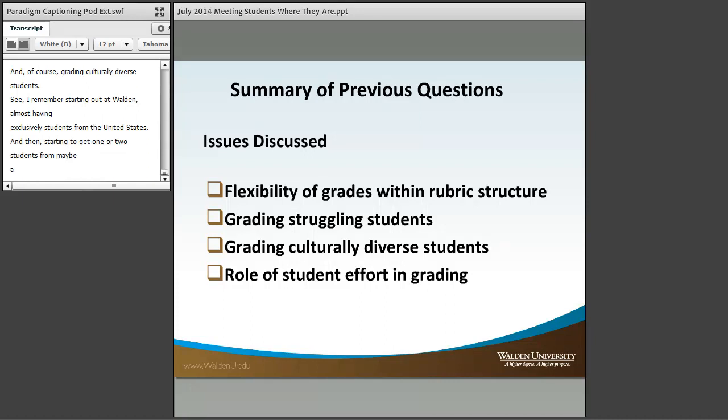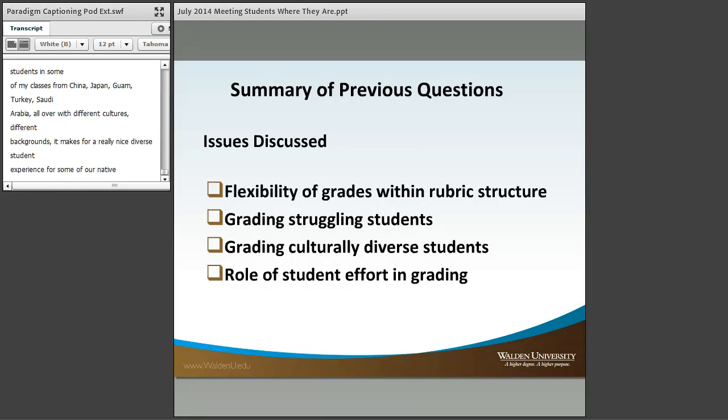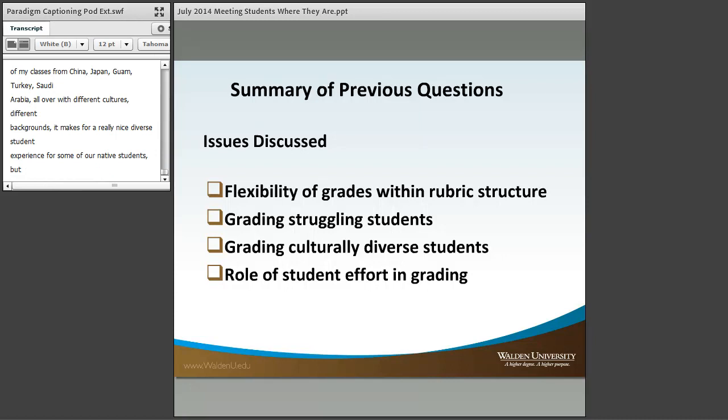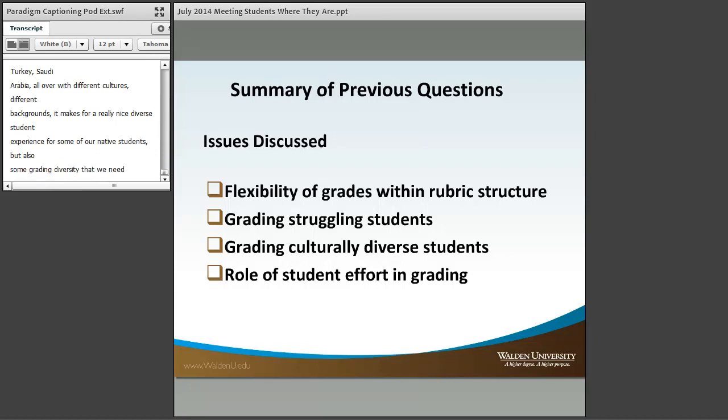Now I've had students in some of my classes from China, Japan, Guam, Turkey, Saudi Arabia, all over, with different cultures and different backgrounds. It makes for a really nice, diverse student experience for some of our native students, but there is also some grading diversity that we need to talk about.